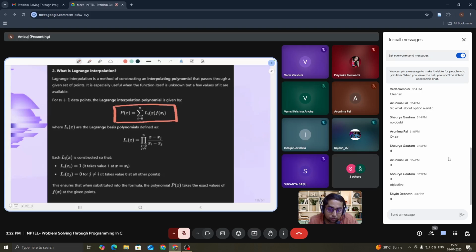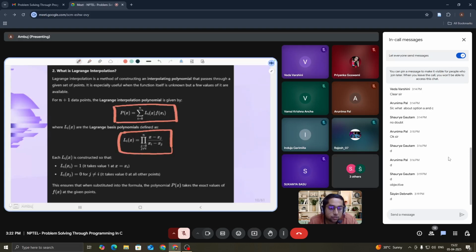Here L i of x are the Lagrange basis polynomials. How are they defined? L i of x equals the product, this is product, of j equal to 0 to n of (x minus x j) over (x i minus x j), where j should not be equal to i.